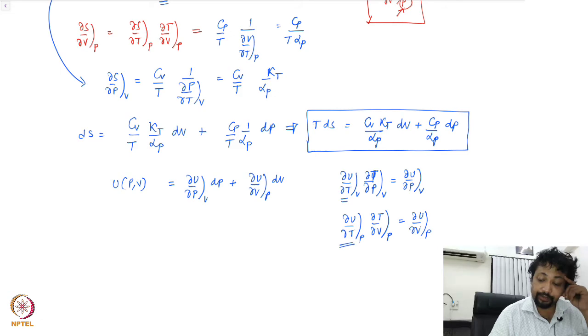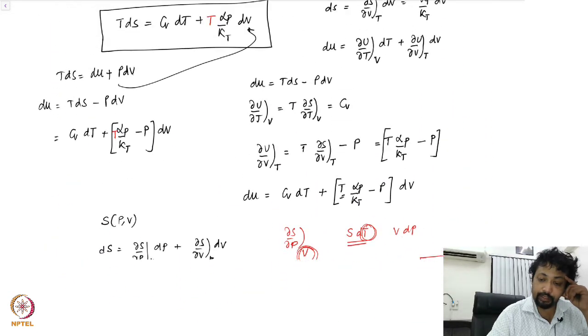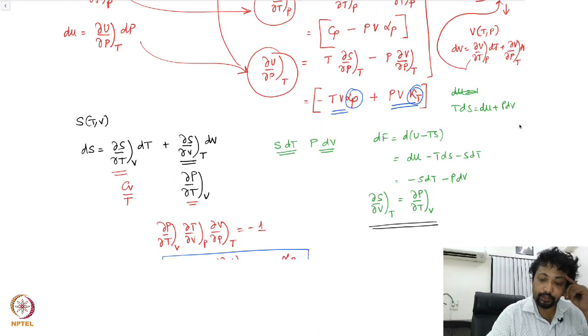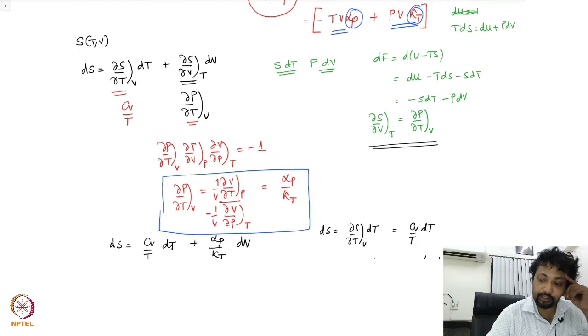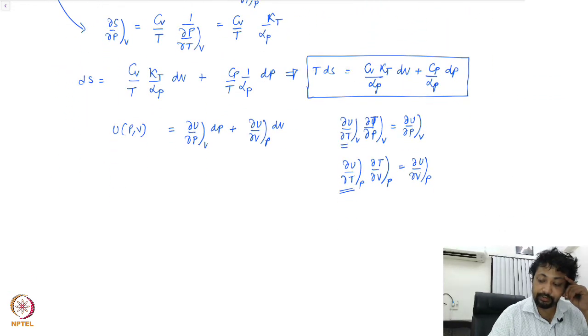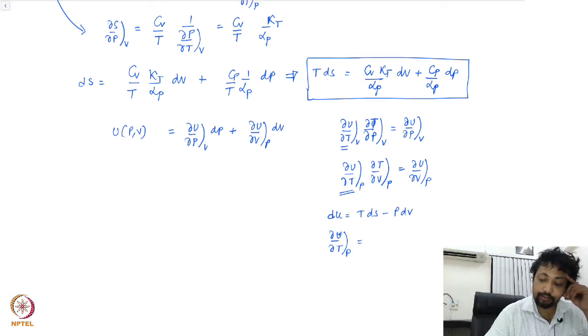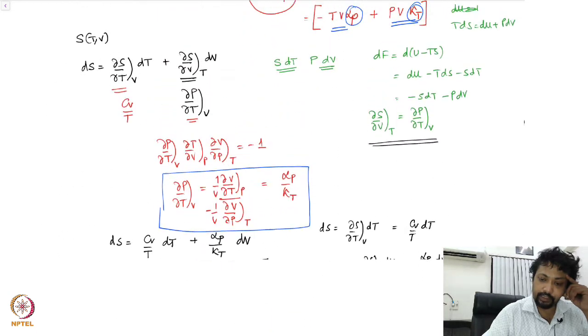This is the one which is slightly more complicated, but we have already done that. We have done this, del u del t pressure constant. So del u del t pressure constant is, if you write down du as t ds minus p dv, then del u del t pressure constant, I think we did this before, right?